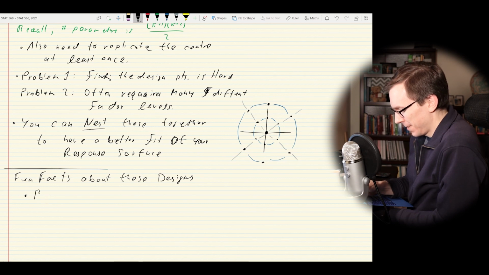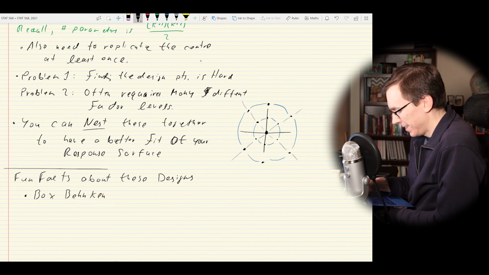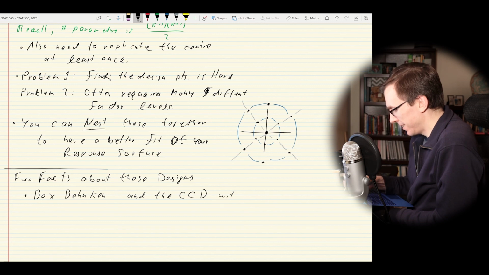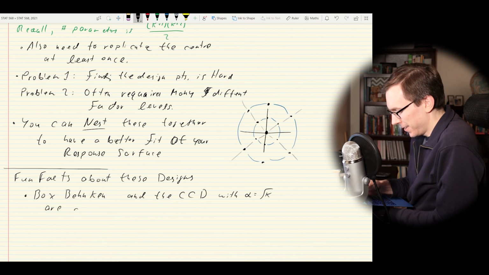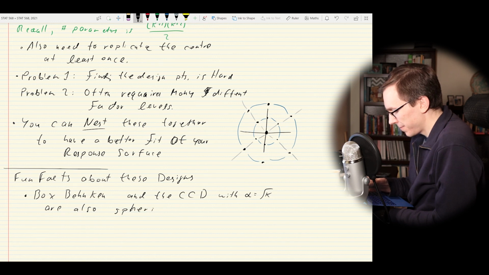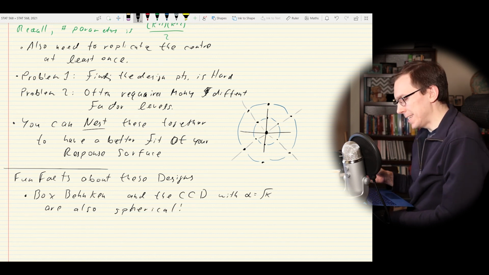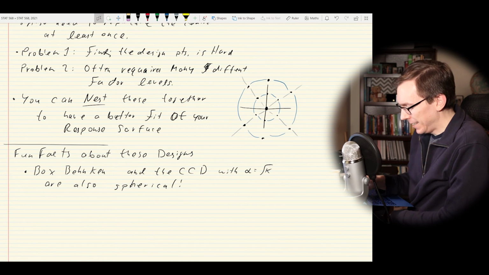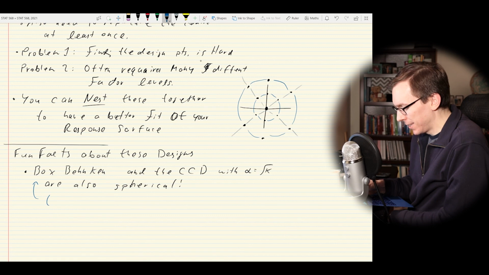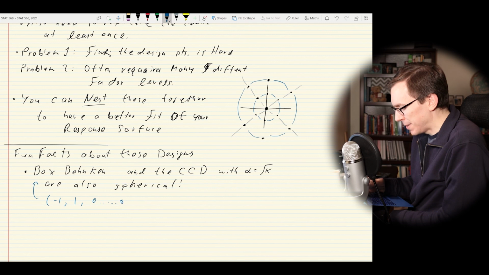The Box-Behnken and the central composite design with alpha equal to root k are also spherical. This can be seen by looking at all the design points. In the Box-Behnken design case, we would have design points that look like -1, +1, and then the rest of the entries are all zeros.